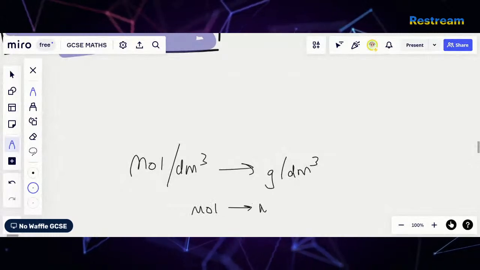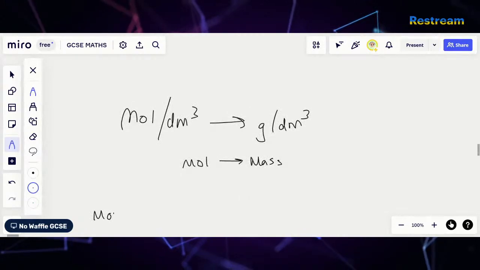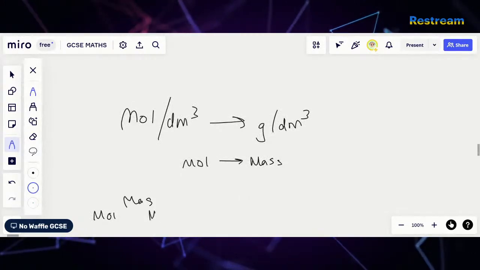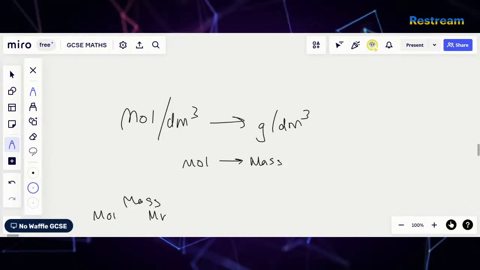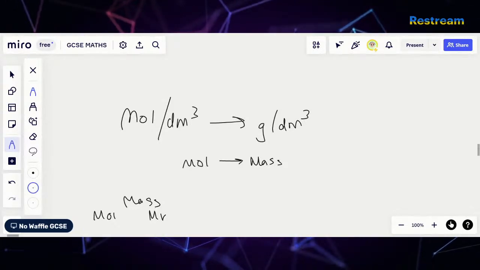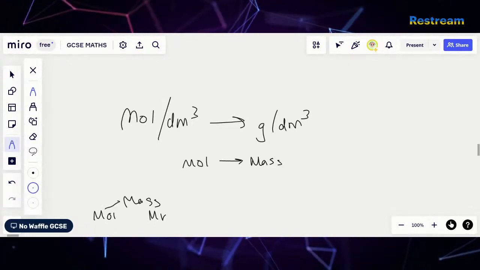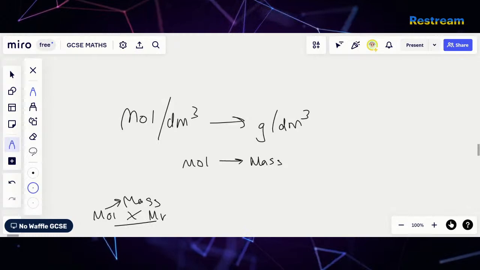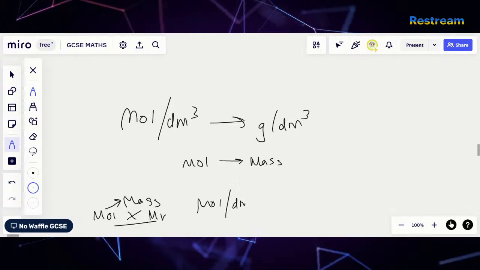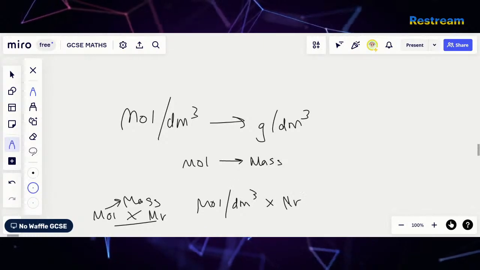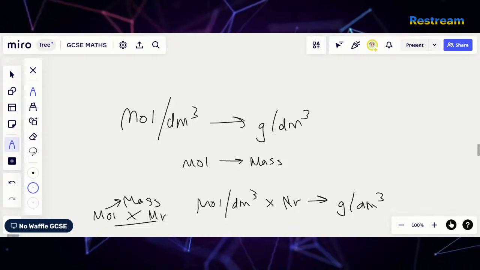It's the same thing, so we use the equation: number of moles is mass over Mr. To convert the moles to grams, you times by the Mr. So moles per decimeter cubed times the Mr gives you grams per decimeter cubed. And that's how it would work.